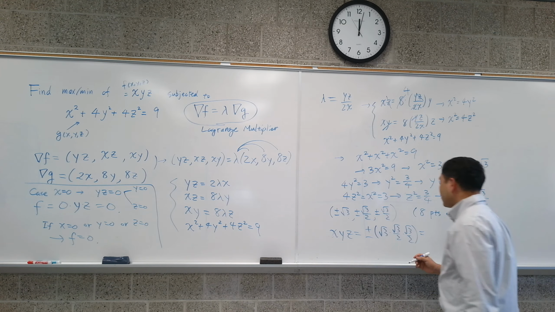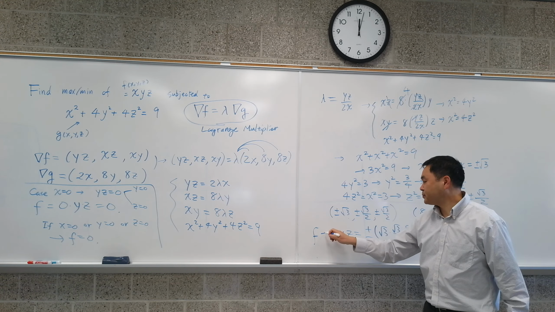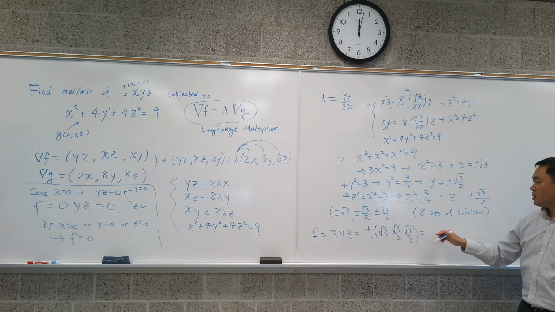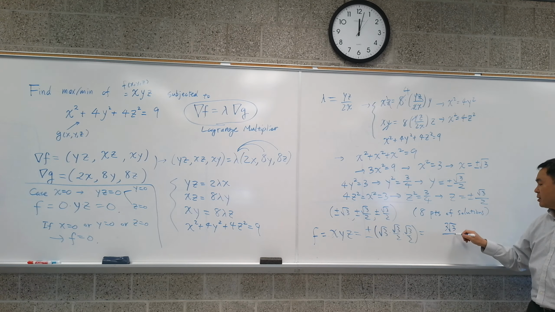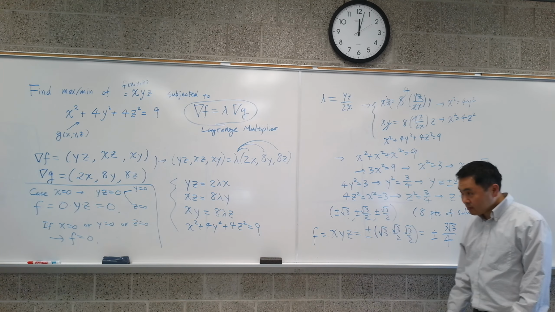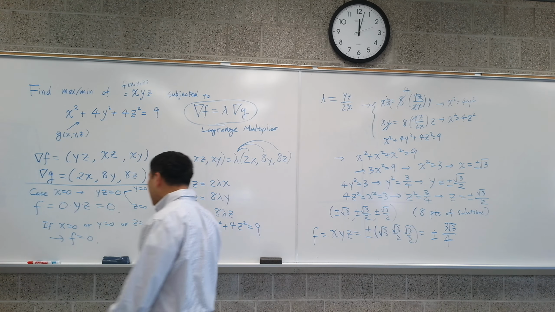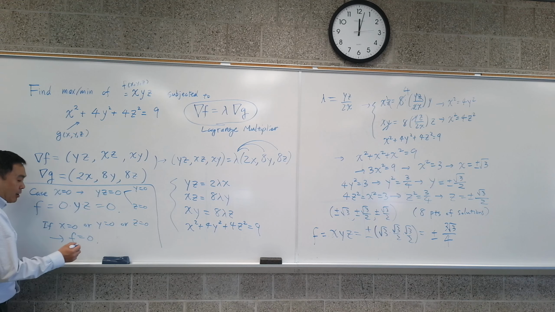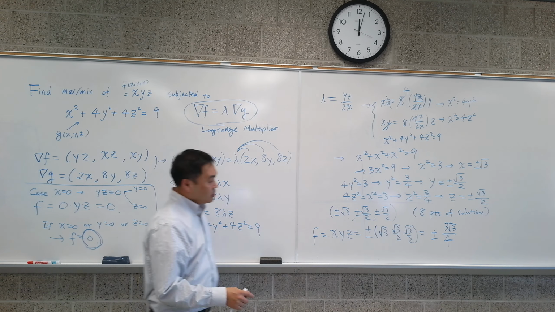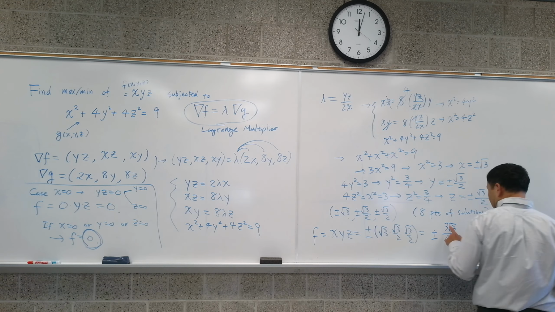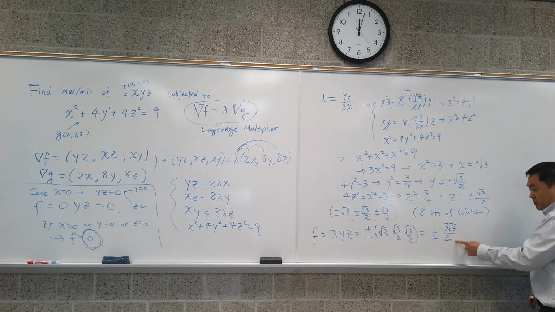So f is going to be square root of 3 times square root of 3 is positive 3. So you get 3 radical 3 on top and 4 on the bottom with a plus or minus. Now you just have a competition of these specific values: 0, plus 3 radical 3 over 4 and minus 3 radical 3 over 4.